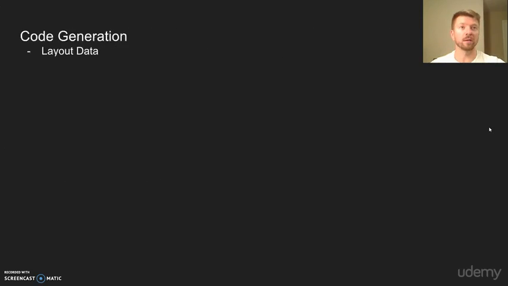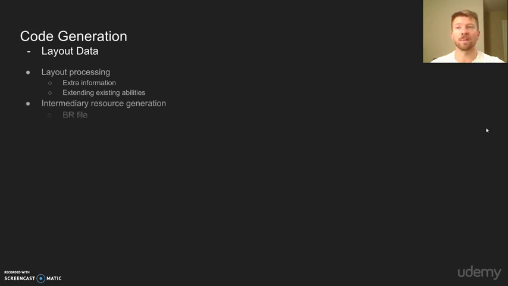Another way that the Android data binding library does its magic is by processing the layout data. As you will see in the following lessons, we have some new attributes and new tags for our XML layouts. So again, we have extra information that is added to the layouts via new tags and slightly new syntax.